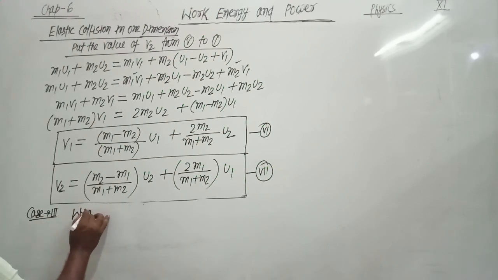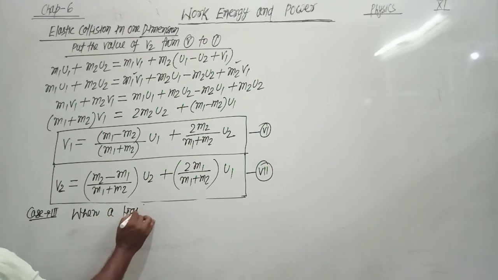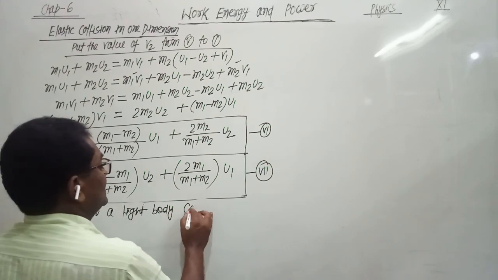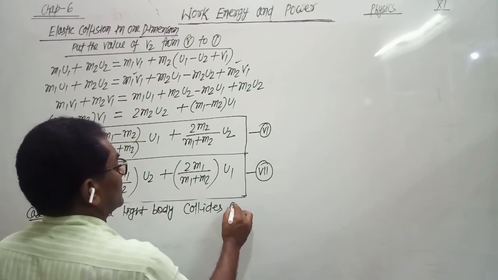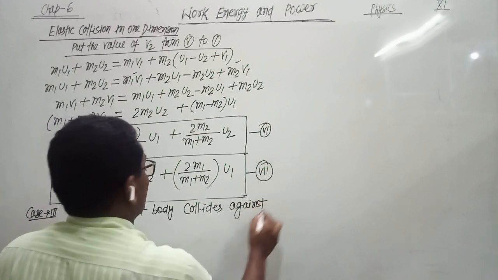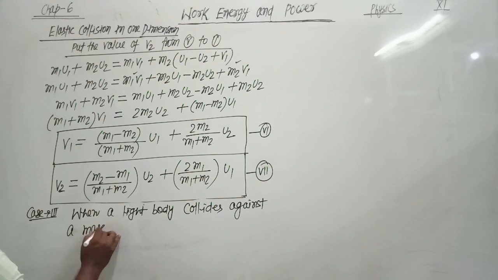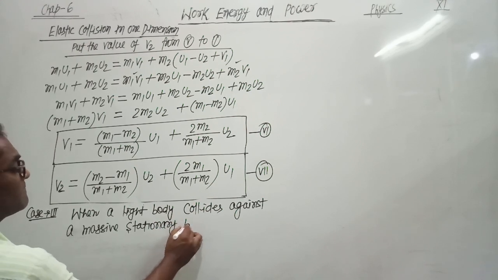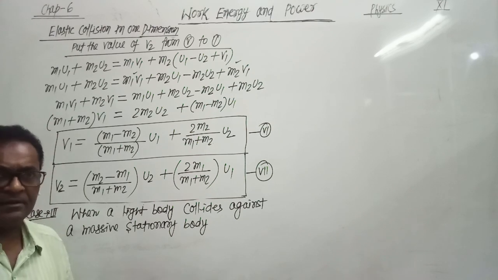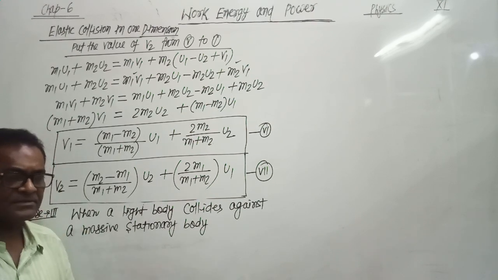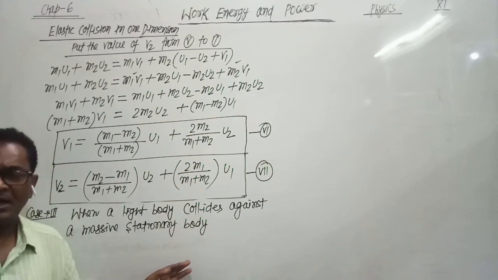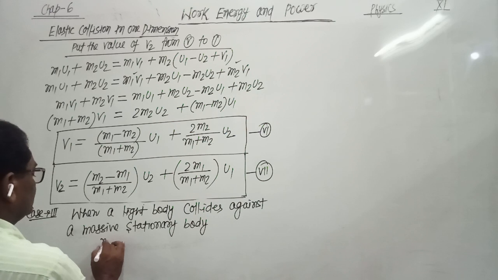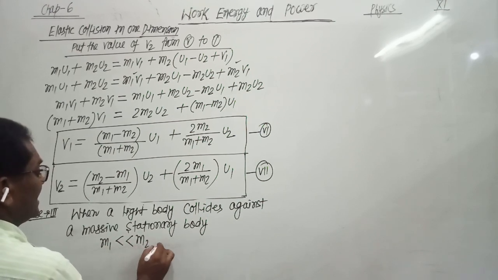This means the body which is in motion before collision has less mass and the body which is at rest has more mass. It means m1 is much less than m2.